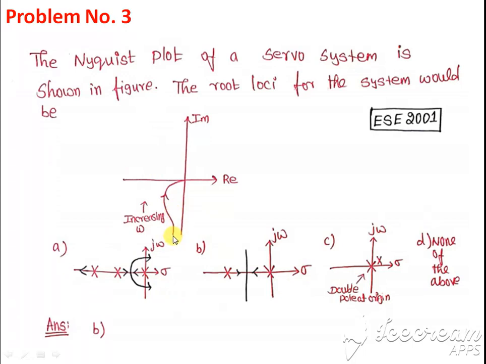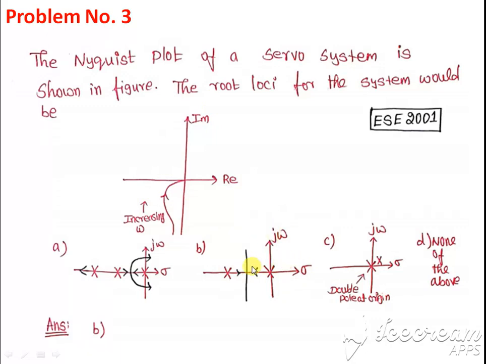Here there is one pole at the origin, because the polar plot starts at an angle of minus 90 degrees and goes up to minus 180. So the maximum order is 2. For order 2, one pole is at the origin. The option with 3 poles is not the answer, and the option with 2 poles at the origin is also not the answer. So here one pole at the origin, and another one pole also there. So this is the correct answer corresponding to the given Nyquist plot.